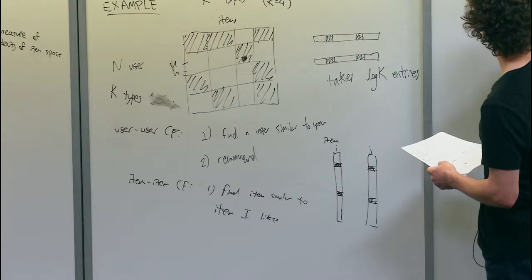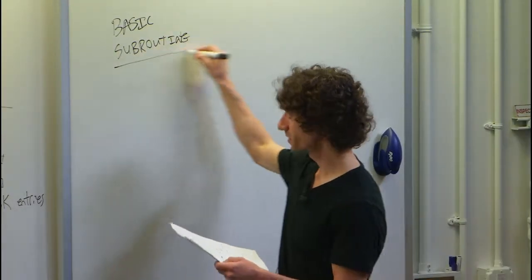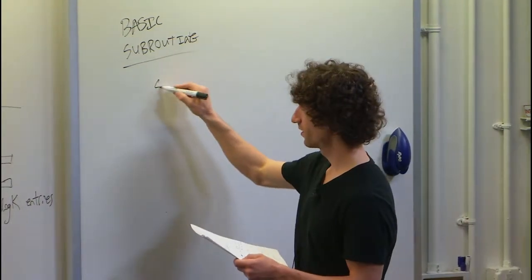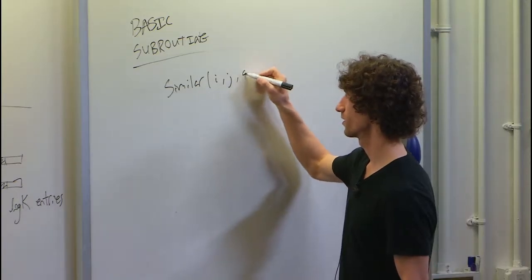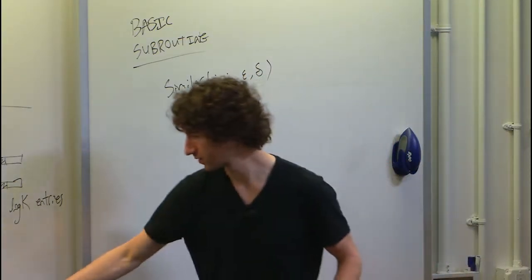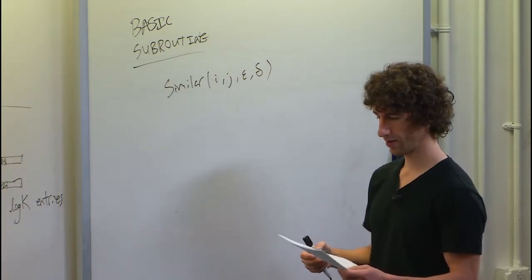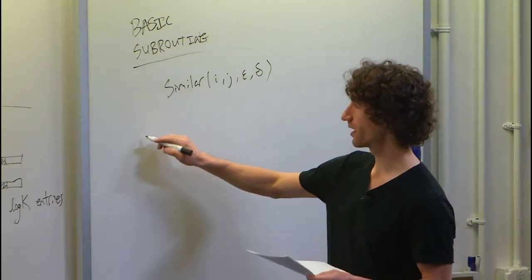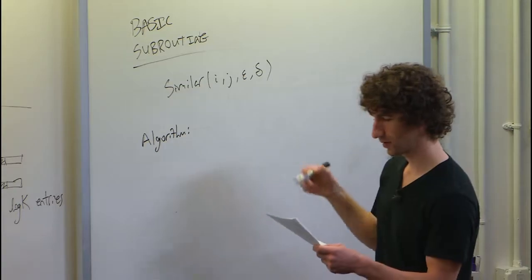And so that gives rise to an algorithm, which is based on a basic subroutine. The basic subroutine is check whether two items are similar. And you just query a bunch of users on both the items so you can check if they're similar. The algorithm that results from that, let me give a little bit of a picture.